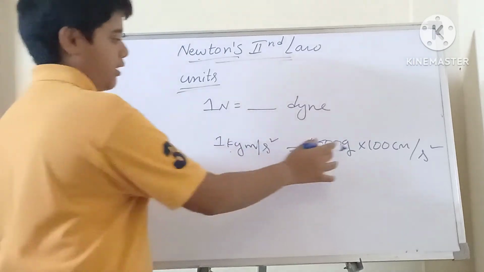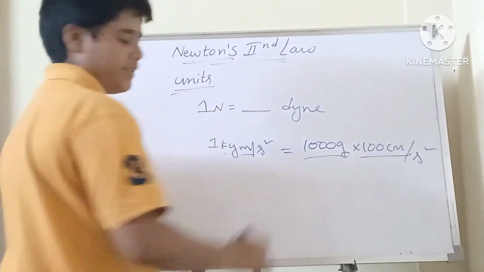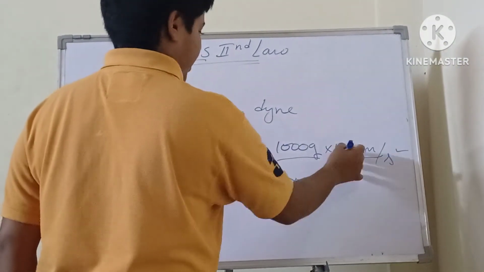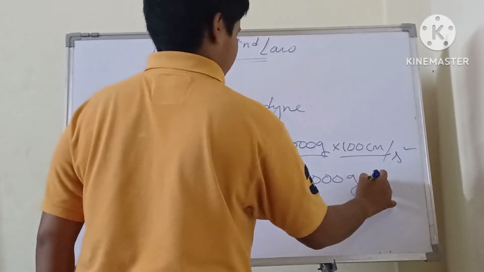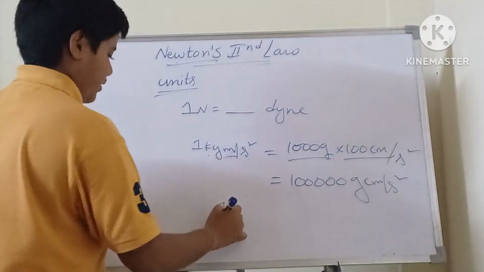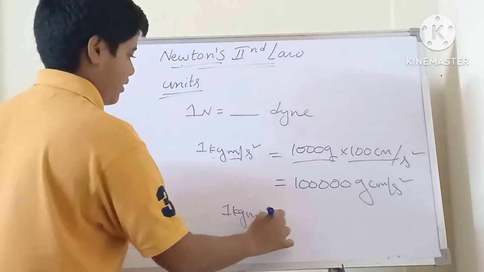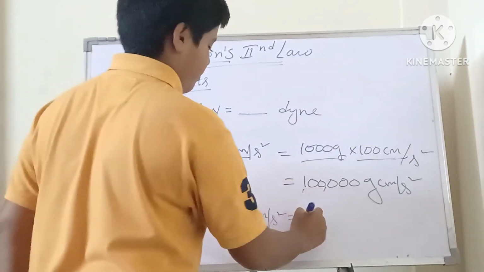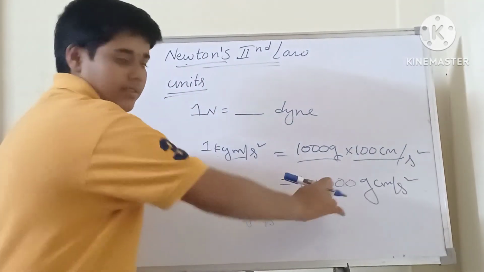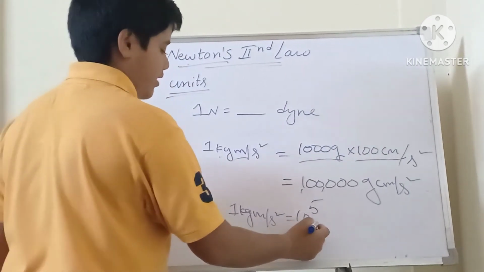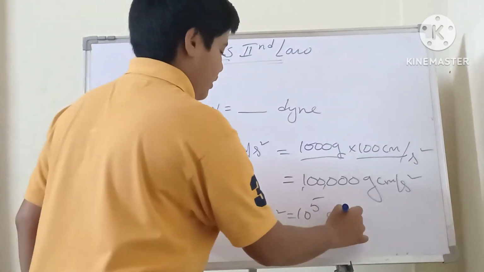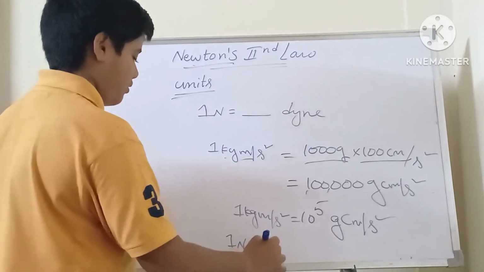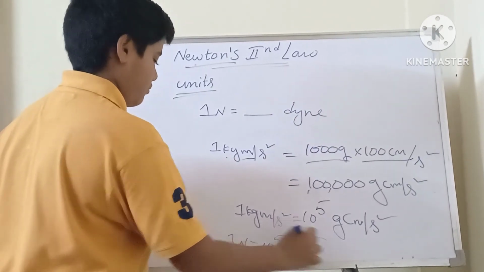So 1000 into 100 gram centimeter per second square, which is 1 lakh, that is 10 to the power of 5. So 1 kg meter per second square is equal to 10 to the power of 5 gram centimeter per second square. This is the relation: 1 Newton is equal to 10 to the power of 5 dyne. Okay.